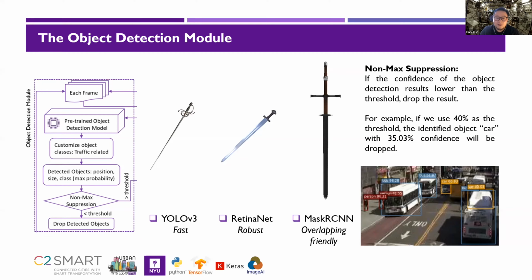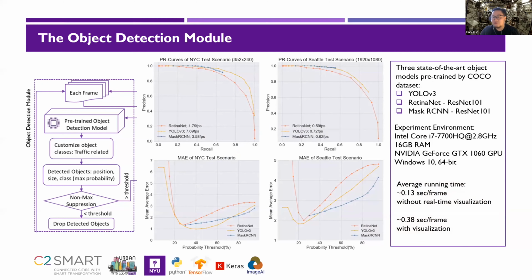For example, here you can see in the picture we have some scores. If we set 40% as a threshold, then the identified object, car, with the 35 confidence score will be dropped. So we will try different thresholds to find out the best results, the best model.